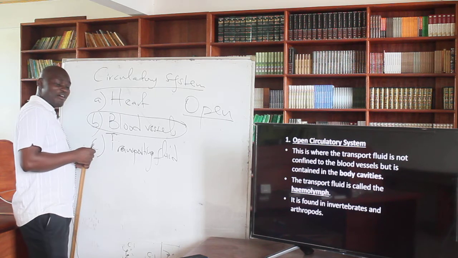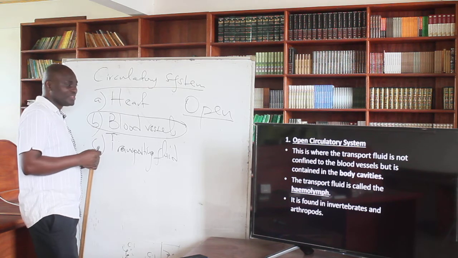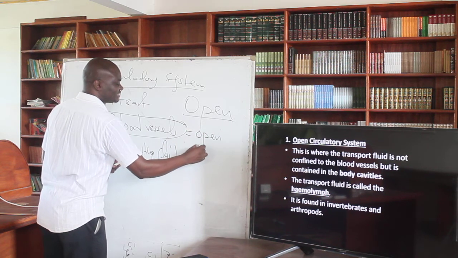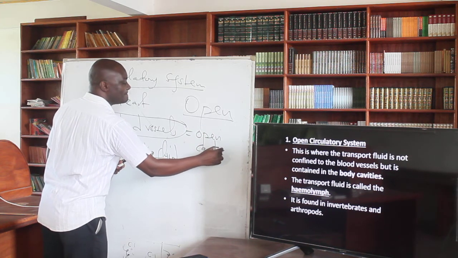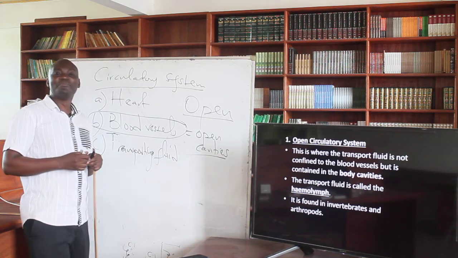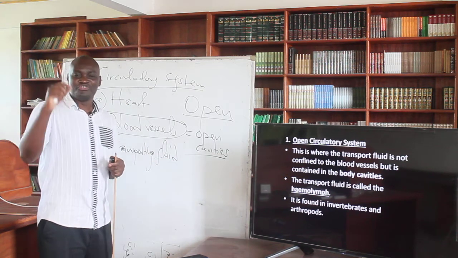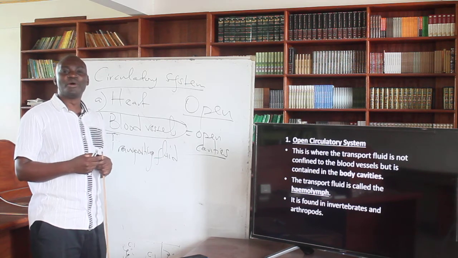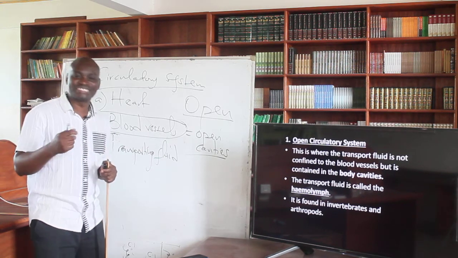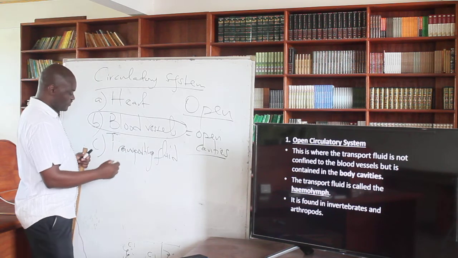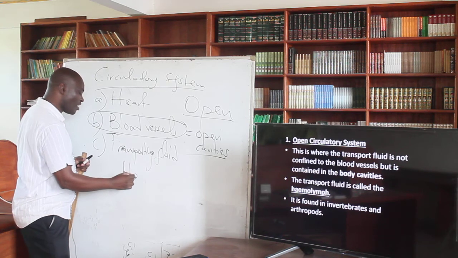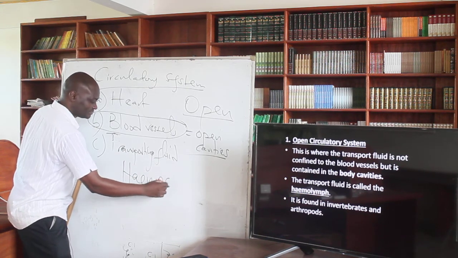But instead of having blood vessels, they have open body cavities, meaning the body has spaces. Those spaces within the body through which the transporting fluids move, we call hemocoel.